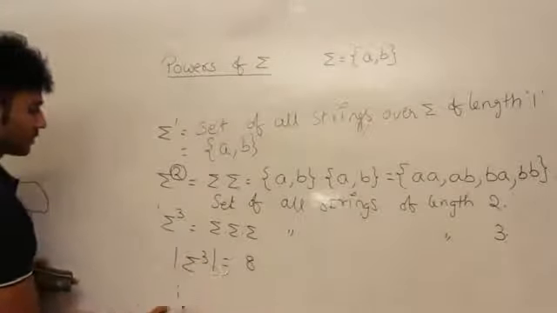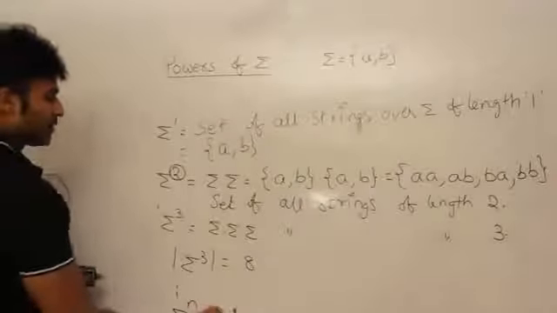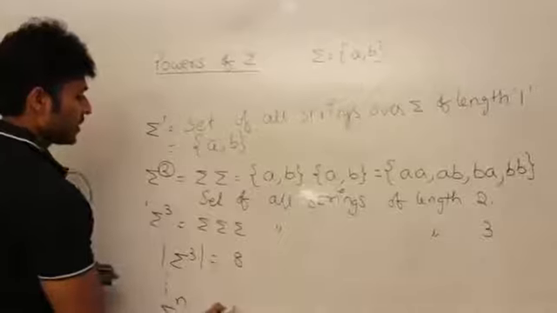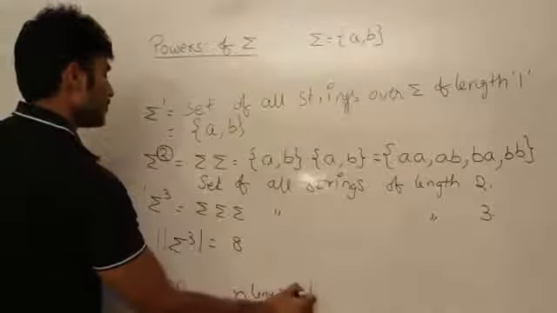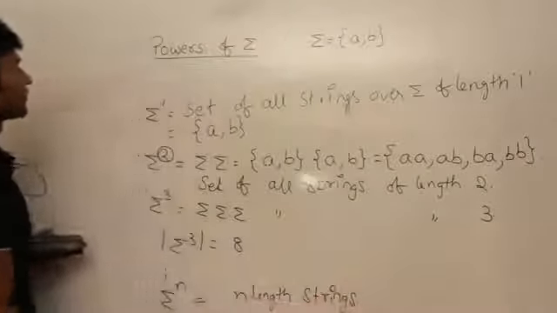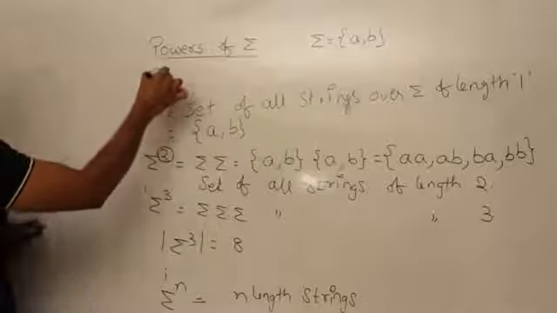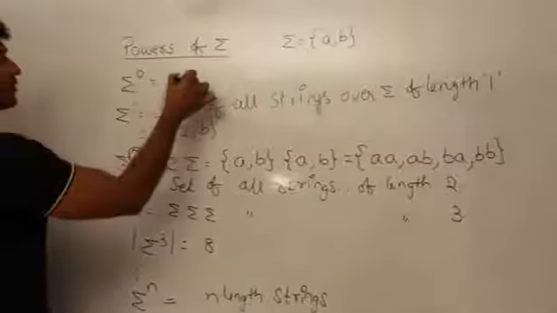Sigma power n is the set of all strings of length n, which is nothing but n-length strings. So let us say sigma power 0. Sigma power 0 is the set of all strings of length 0.